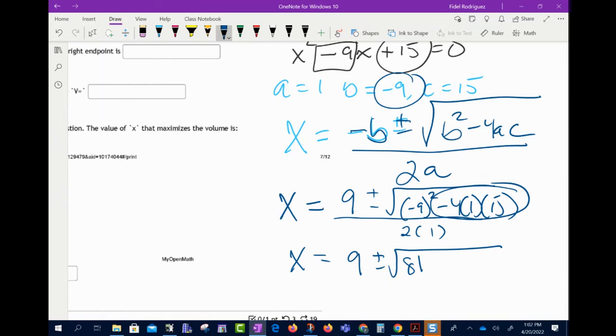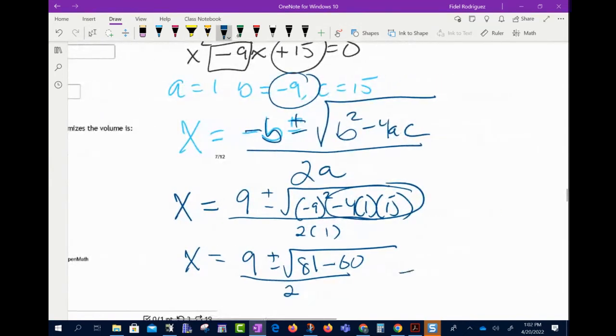Anybody know what 4 times 1 times 15 is? Negative 60, right, over 2. Okay, so now at this step, y'all, we're almost done. We're going to have 9 plus or minus the square root of 81 minus 60, which is 21, all over 2.